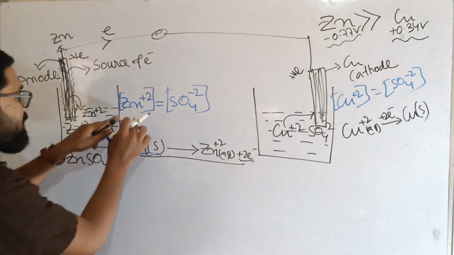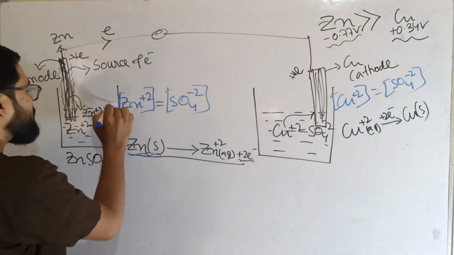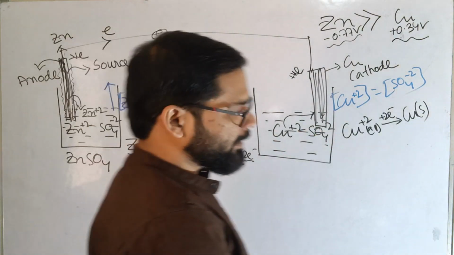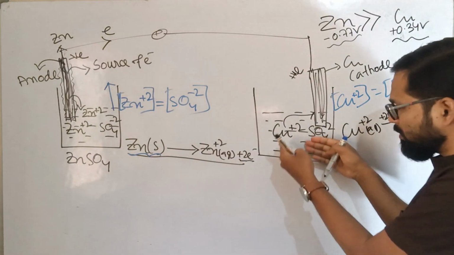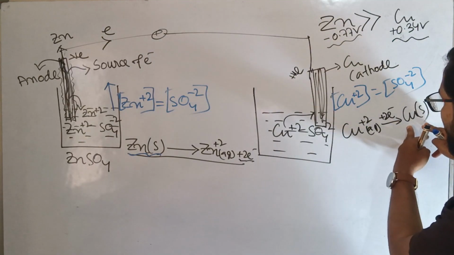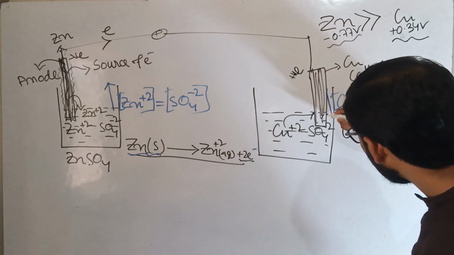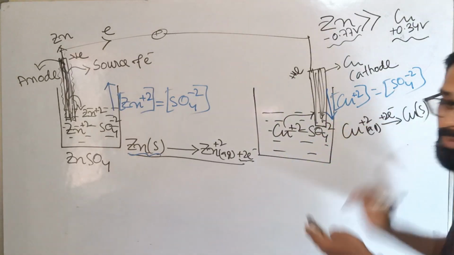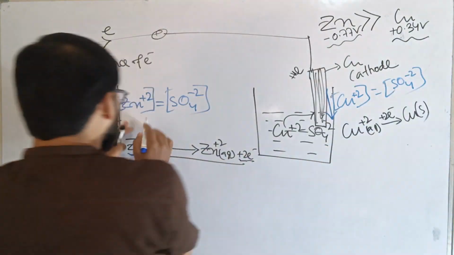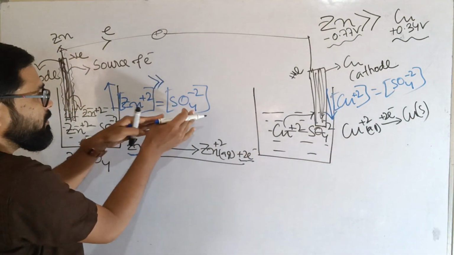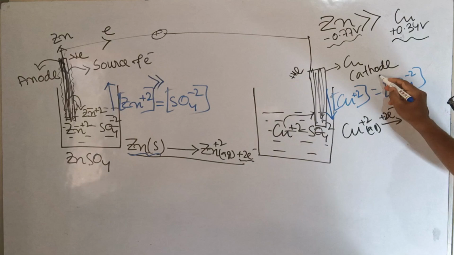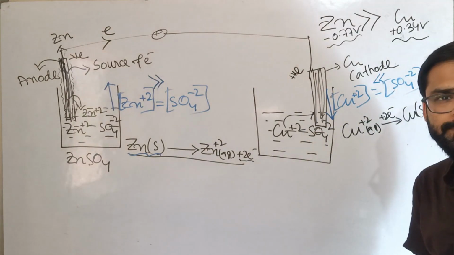It means with time the concentration of Zn+2 increases. On the right side, the Cu+2 from the solution is converted to solid Cu, so with time the concentration of Cu+2 in the solution reduces. So what will happen? Here the concentration of Zn+2 will be greater than SO4-2, but here the SO4-2 concentration will be greater than Cu+2.